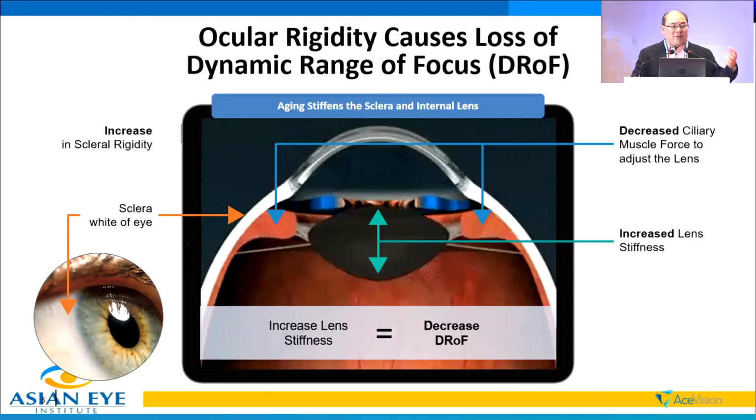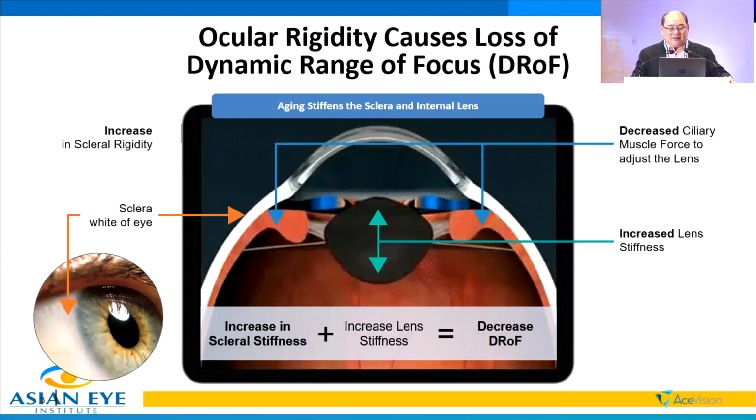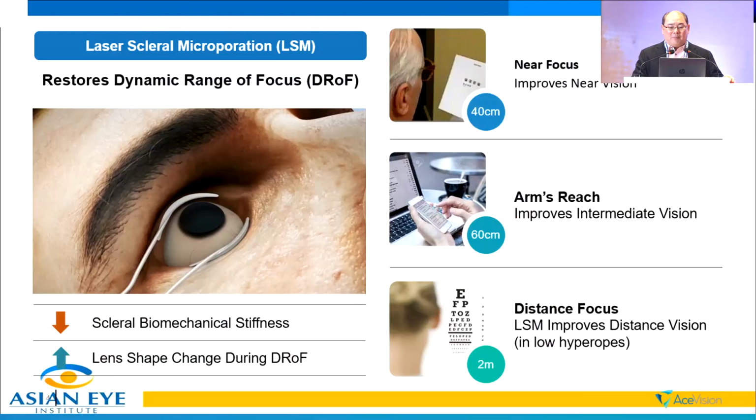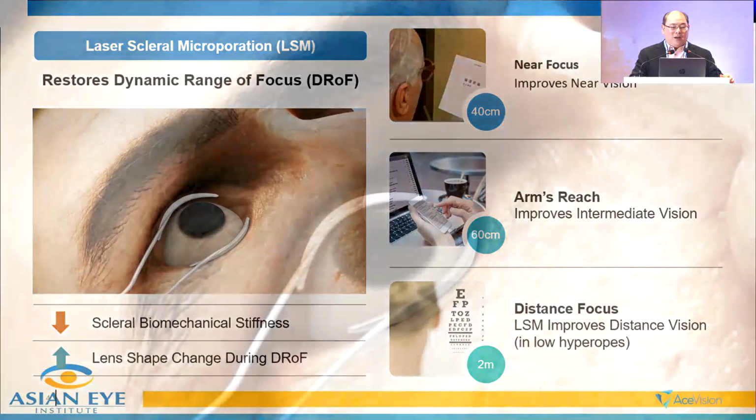Decreasing ocular rigidity is one of the theories behind resolving presbyopia. We want near focus to improve, at a physiological arm's length, but we don't want far vision to change. So how do we do it?